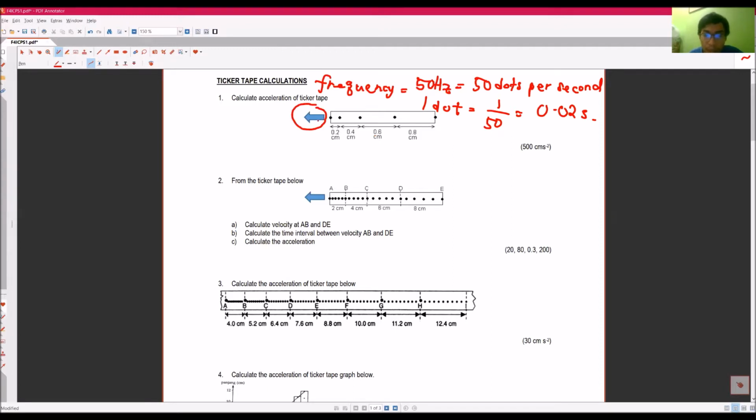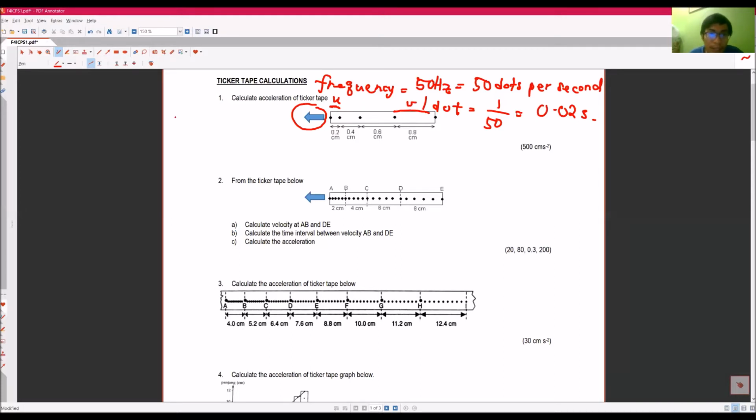The arrow shows the direction of motion for the trolley attached to the ticker tape. So the first dot is the first tick, and the initial velocity is between the first two dots. The last two dots give the final velocity.